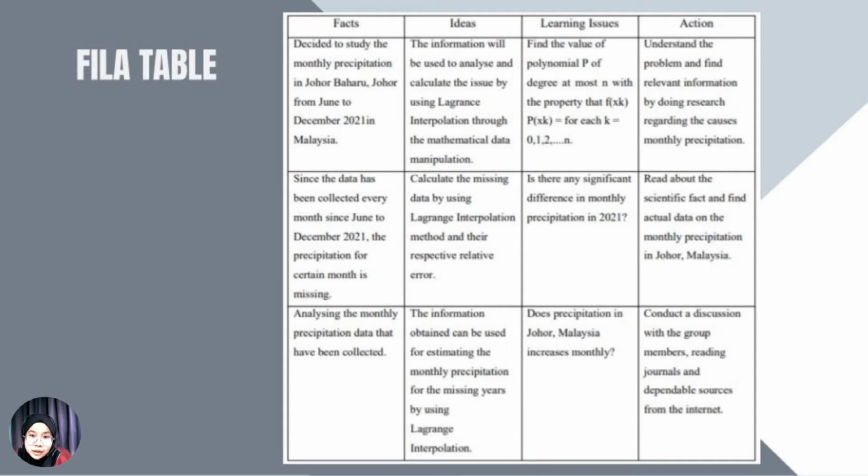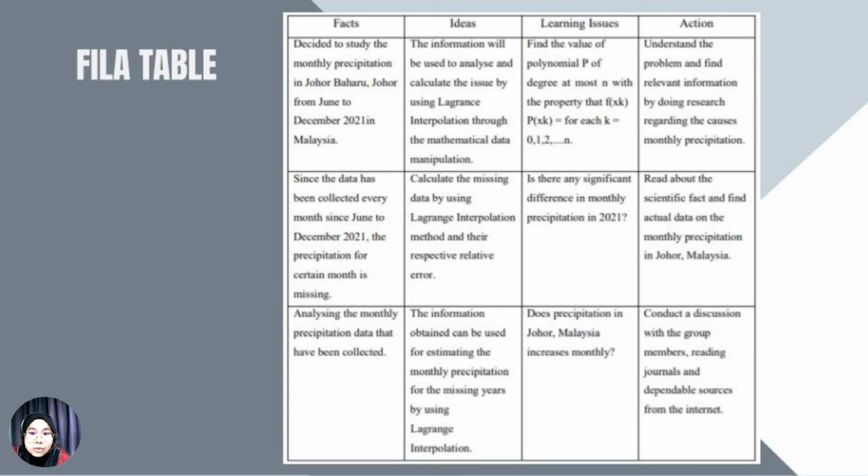From that we come up with the ideas. The information will be used to analyze and calculate the issue by using Lagrange interpolation through mathematical data manipulation. By that we come out with the learning issues.